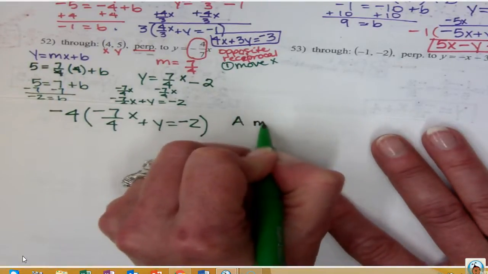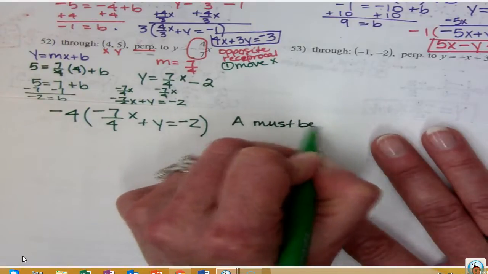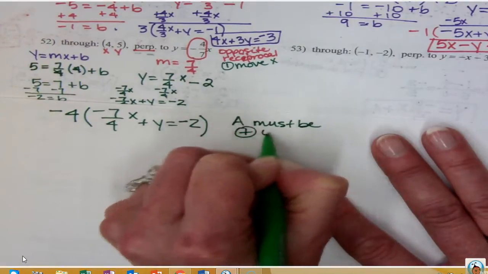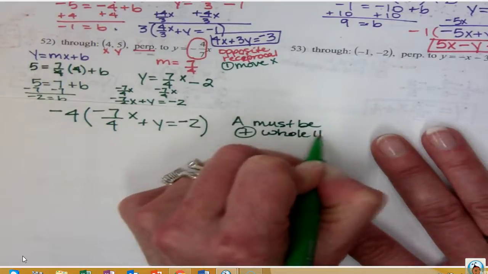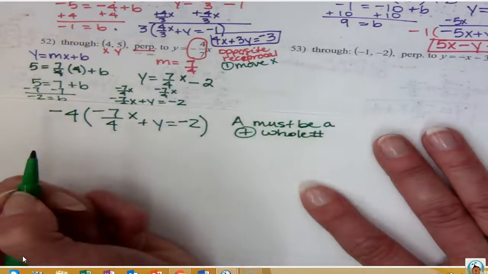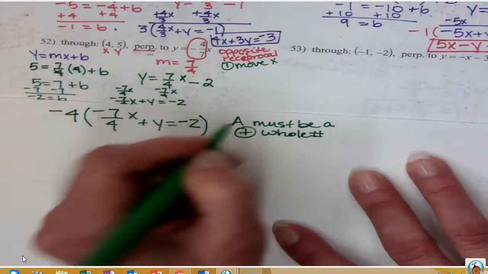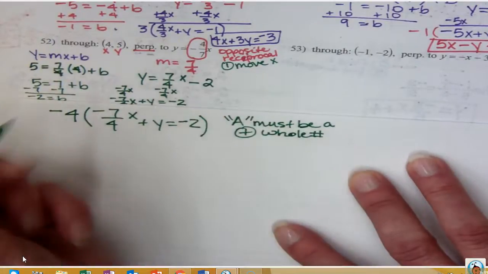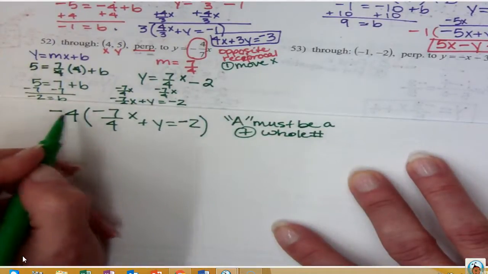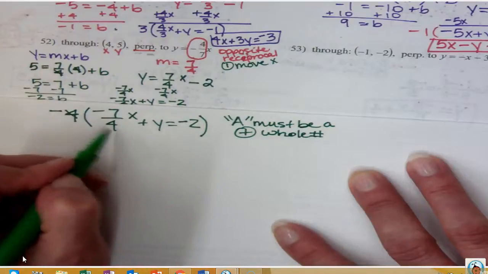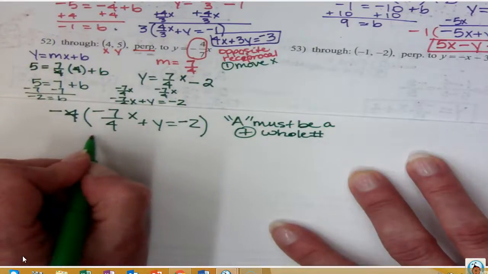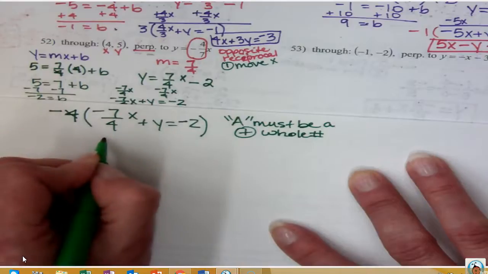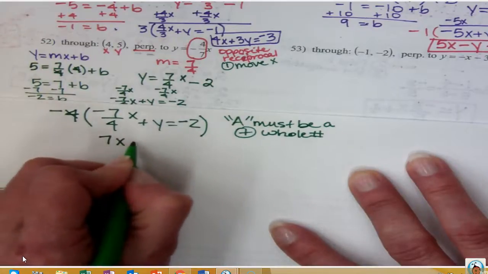A must be a positive whole number. Okay? So when I multiply this out, that cancels out with that. Oh, I shouldn't have done that. And a negative is a positive, so I get 7x.